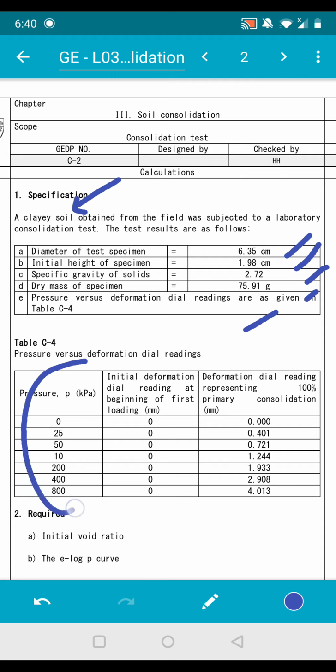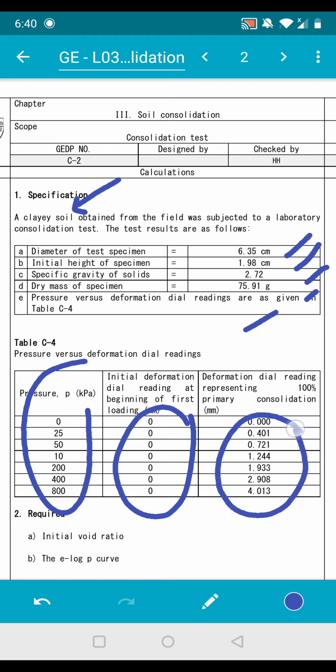So you have your pressure over here, the related initial deformation, which is 0 every time, and then the deformation dial reading, representing 100% primary consolidation. And what is required? Initial void ratio, and of course the E log P curve.